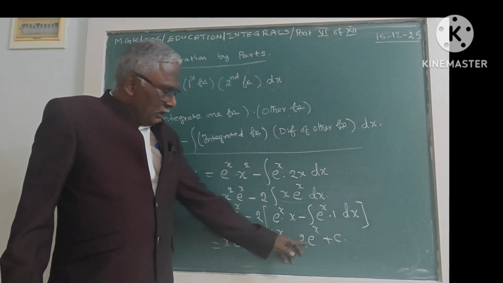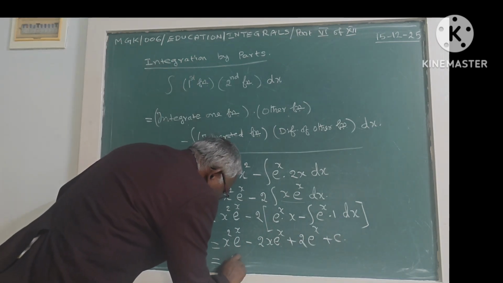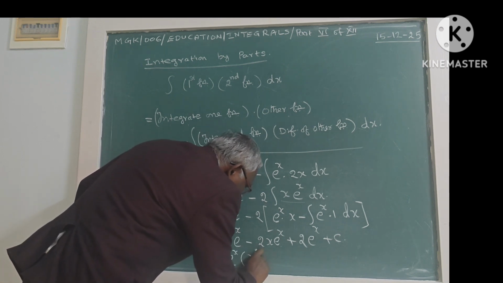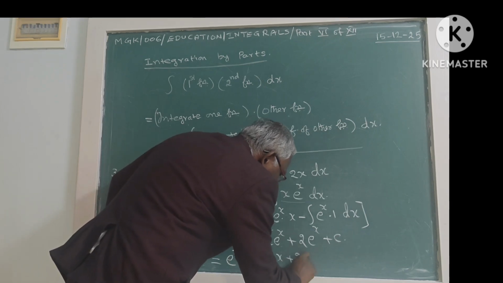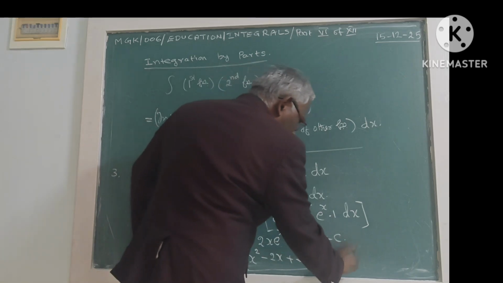Now all the terms contain e power x, so you can take e power x commonly outside. So this will be e power x times x square minus 2x plus 2, plus c. So this is the answer.